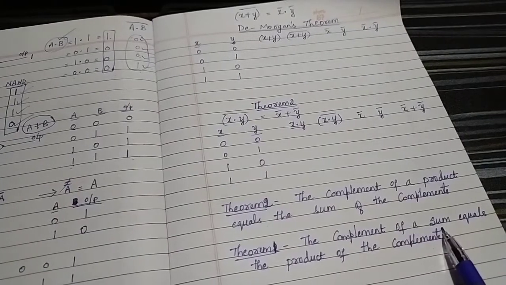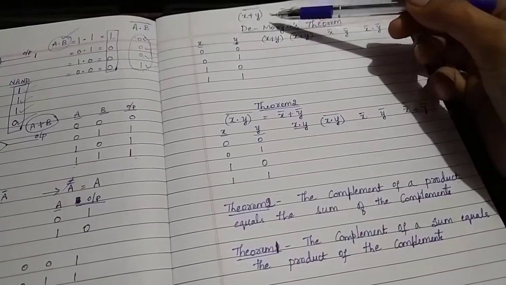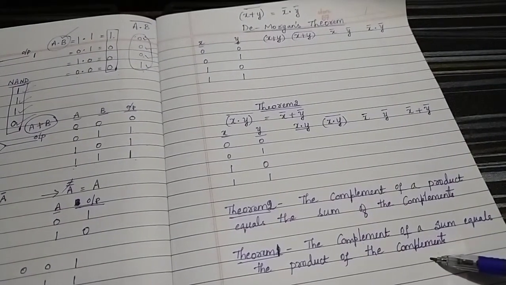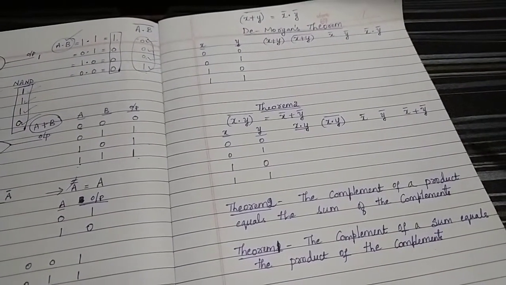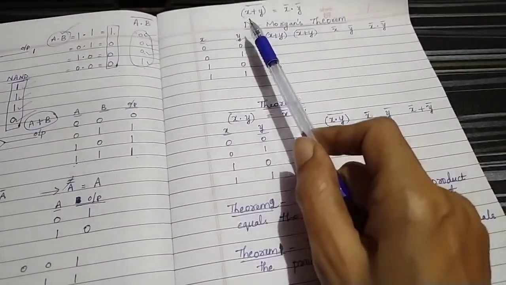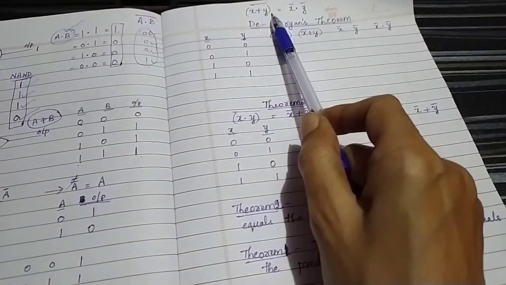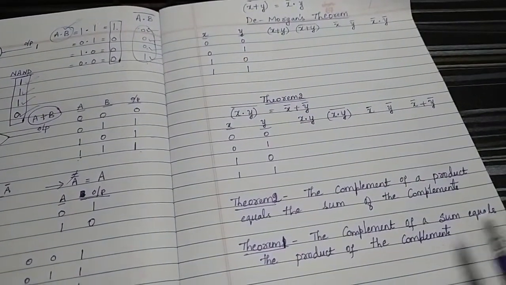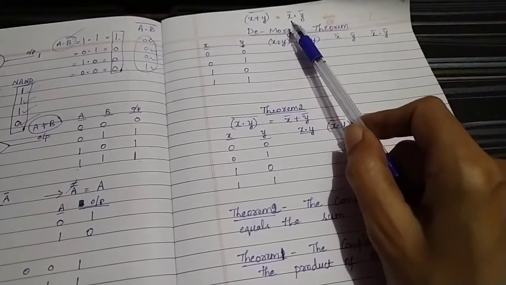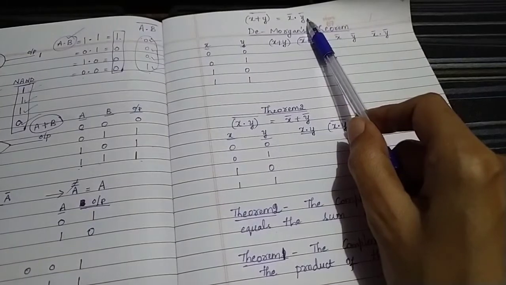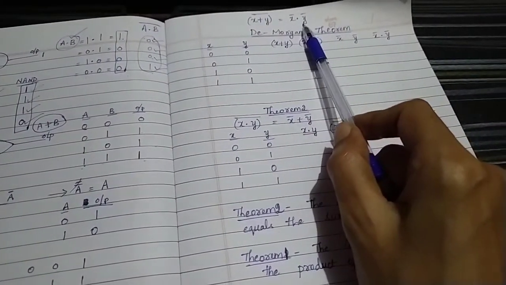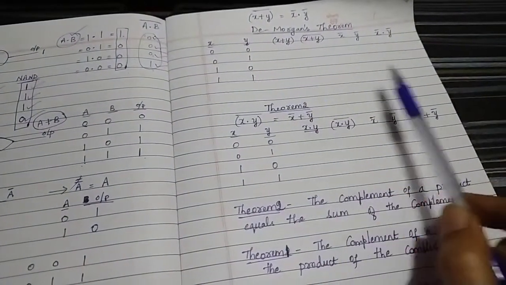Complement of two variables' sum. Here is the formula: the whole complement of the sum x plus y is equal to the product of the individual complements. The result of this should be equal to the result of this one. That is the concept here.